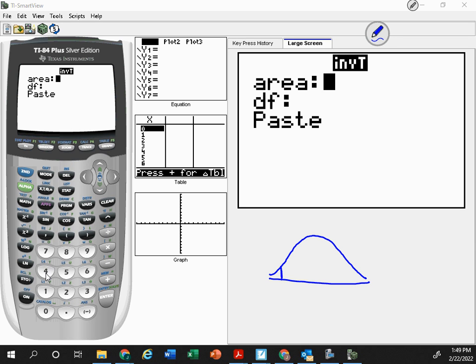I'm talking about the middle 90%. How much does that leave in each tail? 5%. So you can either use 0.05 as a barrier or 0.95 as a barrier. One will give you a positive, one will give you a negative, and it doesn't matter which one you use. So I will use 0.95.